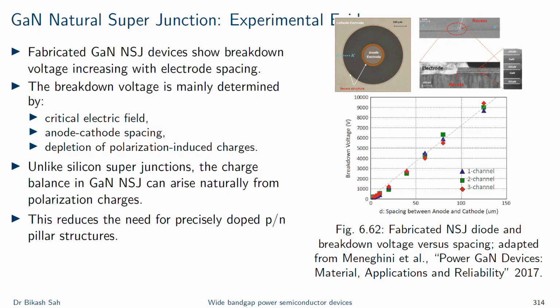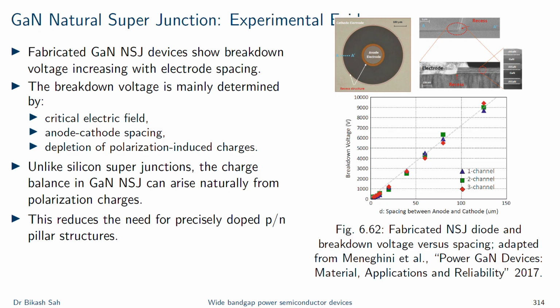In silicon superjunction, the performance depends strongly on precise charge balance between P and N columns. If doping is not balanced, the breakdown voltage and the on-resistance are usually degraded. In GaN natural superjunctions, part of the charge balance arises from polarization-induced carriers at heterointerfaces that can reduce the need for extremely precise p-n pillar doping.